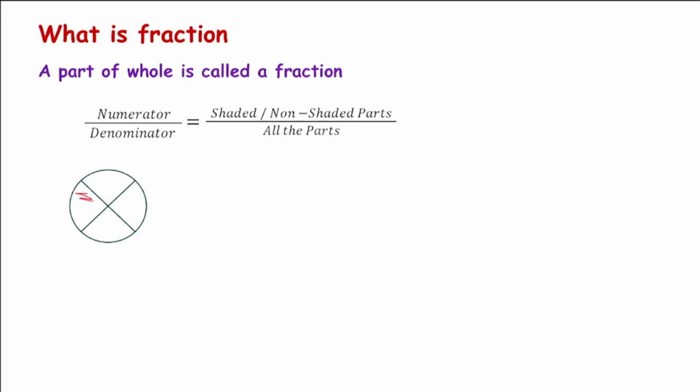If I shade this part, how can I write the fraction for this? I can write 1 over 4, because I have divided this circle into 4 equal parts and the shaded part is 1. The fraction for the non-shaded part is 3 over 4.